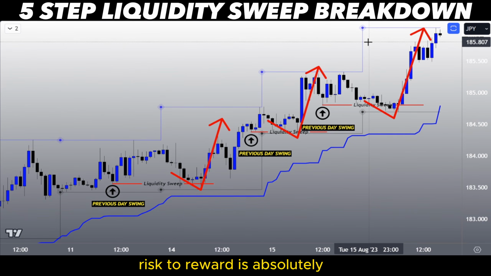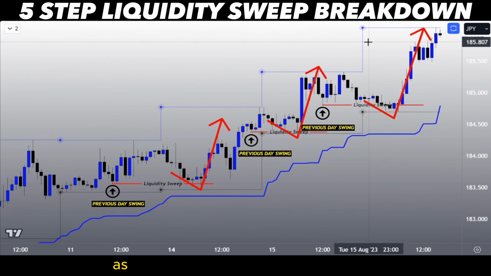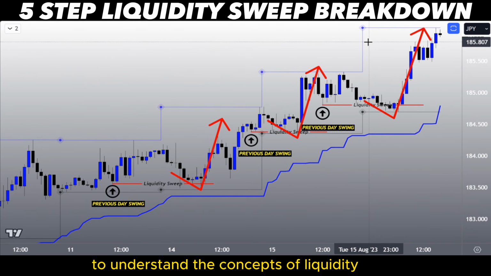Risk to reward is absolutely key, because it just means that you can be an average trader and still be a profitable trader. As long as you are winning at least 5 out of your 10 trades and each trade is doing 3 to 4%, you are good to go, and you can be increasing your capital on a weekly basis.